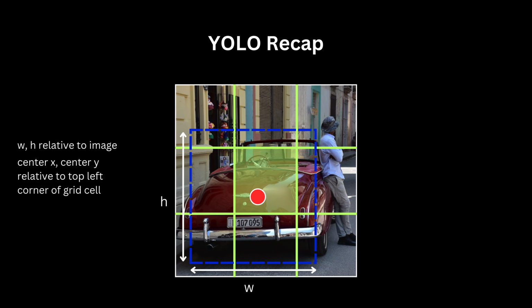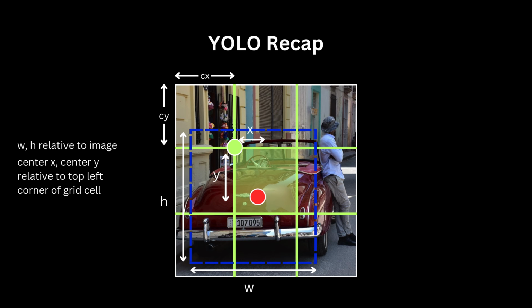Then if this is the center of our predicted box, YOLO will predict these two offset values from the top left corner of this cell. Hence, during inference, we take the XY offset predictions made by YOLO and shift them by the grid cell corner locations to convert the box coordinates from grid cell space to image space.